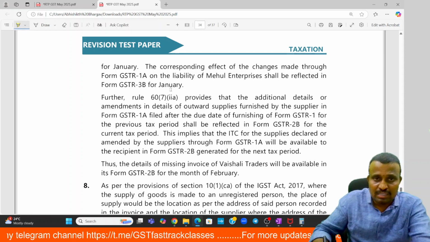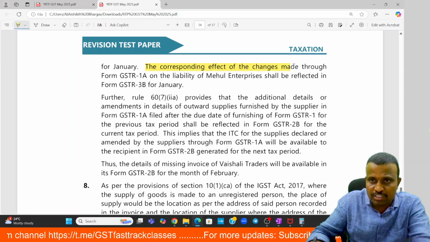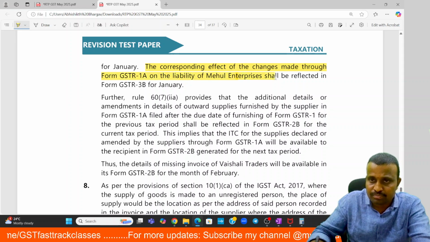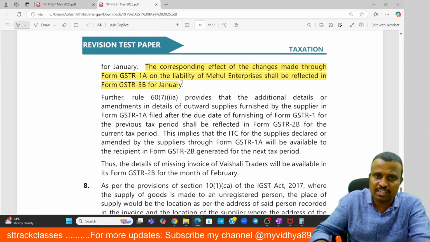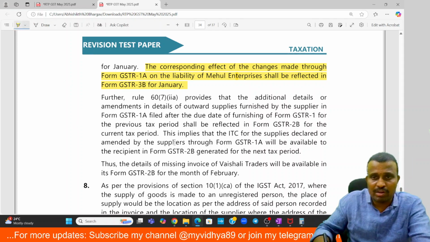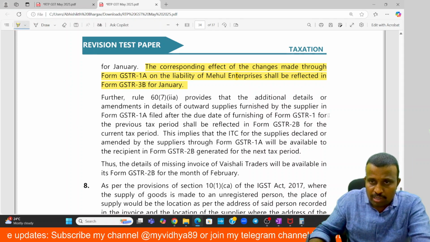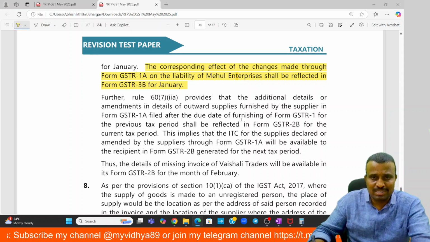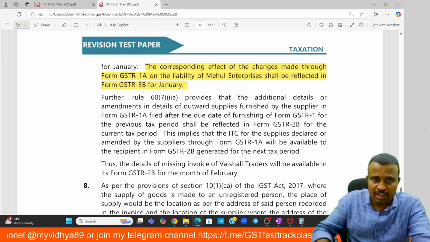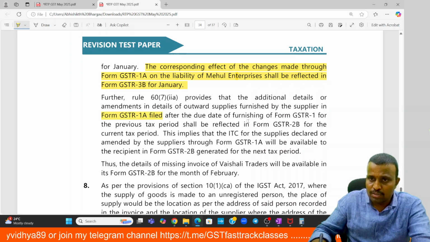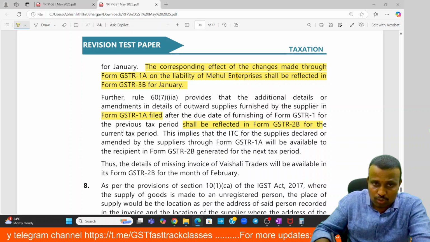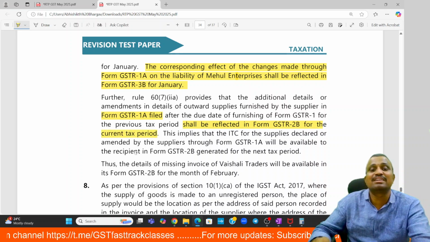Another point: the corresponding effect of changes made through GSTR 1A on the liability of Mehul Enterprises shall be reflected in Form GSTR 3B of January. And one more point we have. If GSTR 1A is amended, then after filing the GSTR 1A, those will be reflected in GSTR 2B of the recipient in the current period.